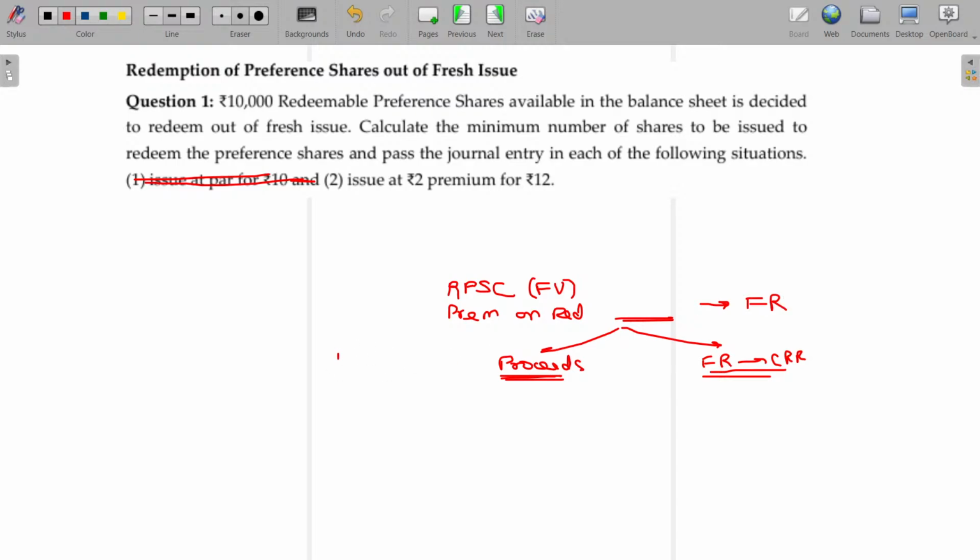Entry 1 is for issuing the share, entry 2 is for the due, entry 3 is payment, entry 4 is to adjust the loss, entry 5 is transferring the free resource to CRR, entry 6 if needed, borrow or sell your assets. And 2 working notes. One is about the legal requirement. What is the legal requirement? Face value of redeemable preference share capital should be equivalent to proceeds from fresh issues.